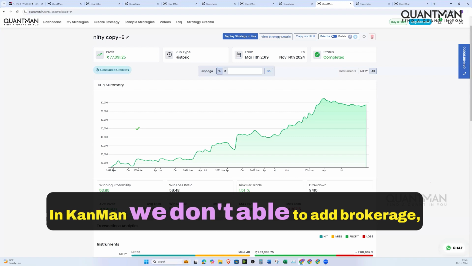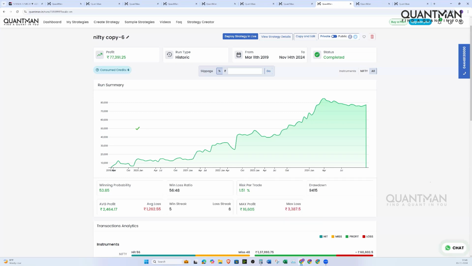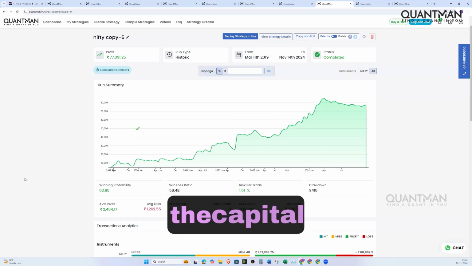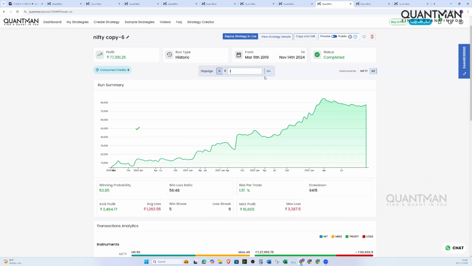In Quantman, we are not able to add brokerage. You need to download the data and do it separately. Actually, this is a buying strategy. For a buying strategy, the premium required is the capital, and you need to put in extra drawdown, even after giving 1.5 slippage.